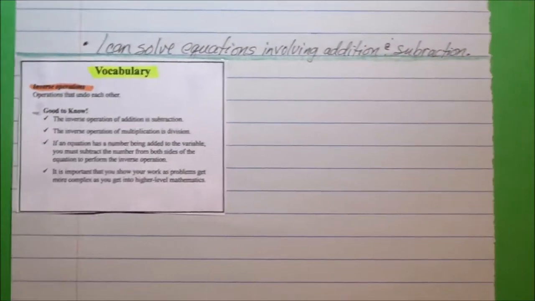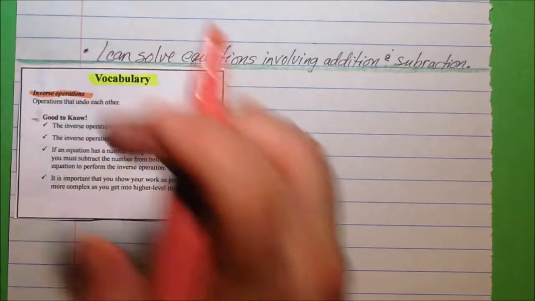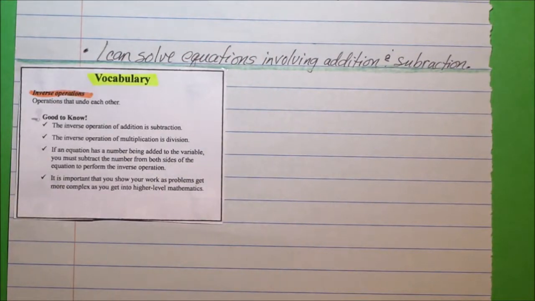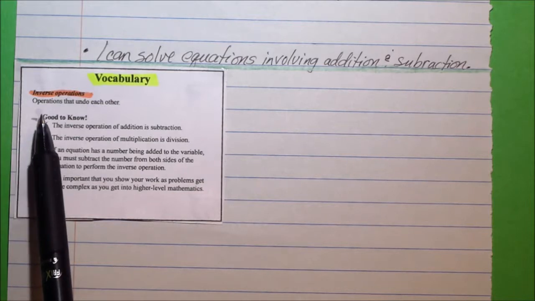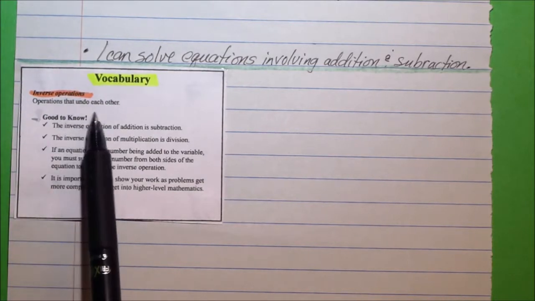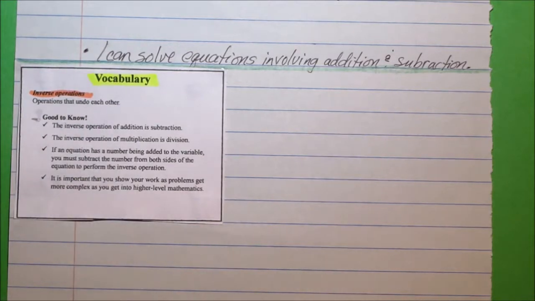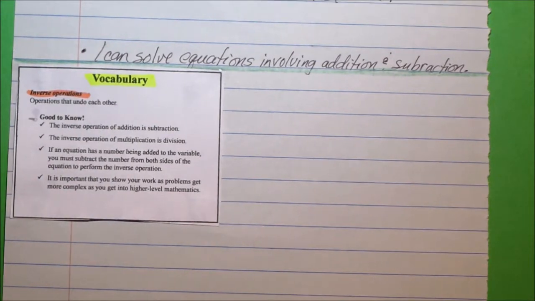In general, it's not really a literal definition, but in general, we think of the word inverse as meaning opposite, okay? So the definition for inverse operations is operations that undo each other, or what we usually think of as the opposite operations.